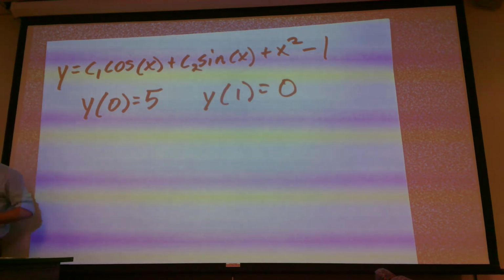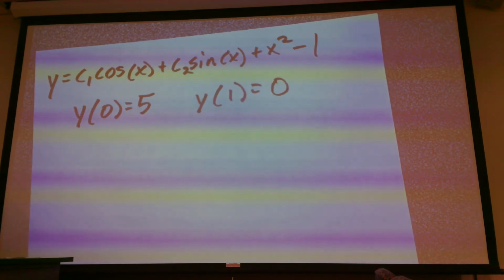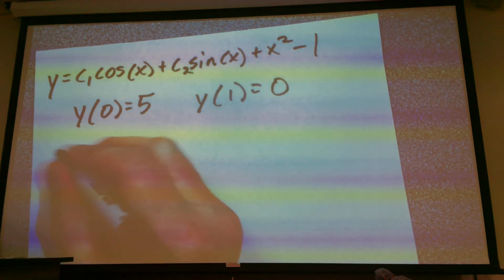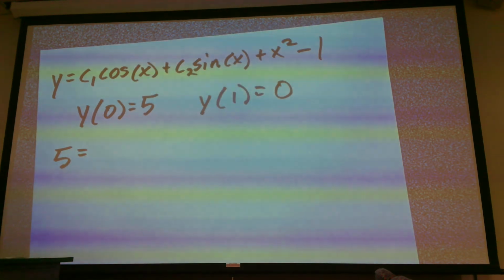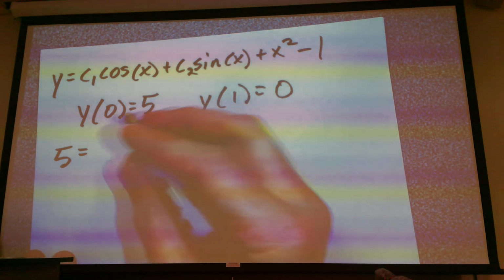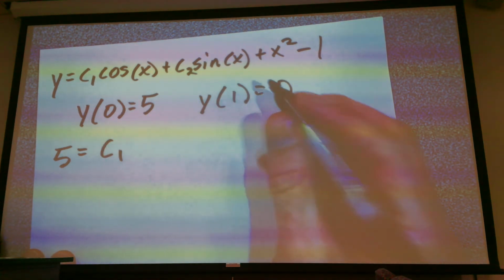Okay. So y of 0 is going to equal 5. Cosine of 0 is just, I mean, 1. So that's c1. Sine of 0 is 0.